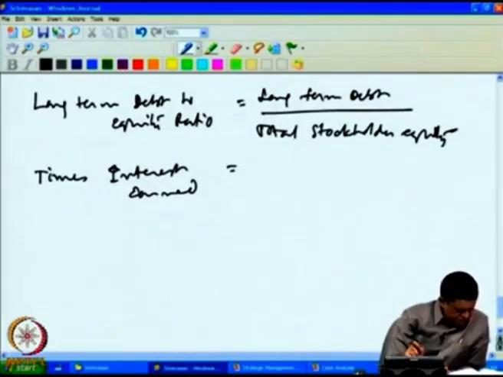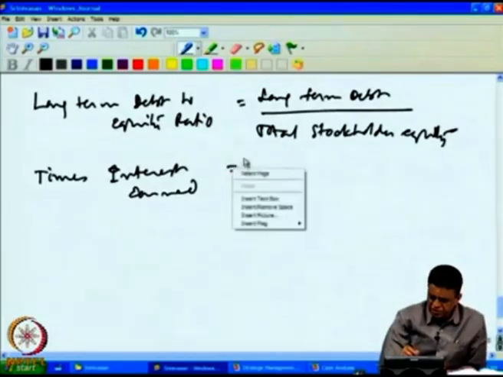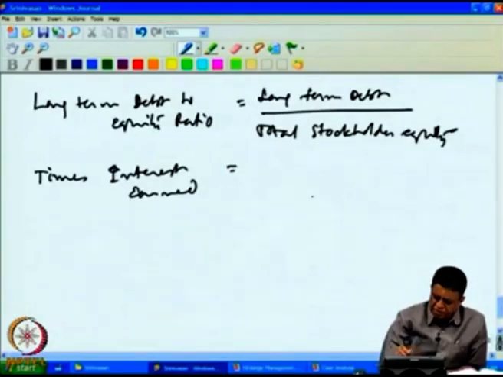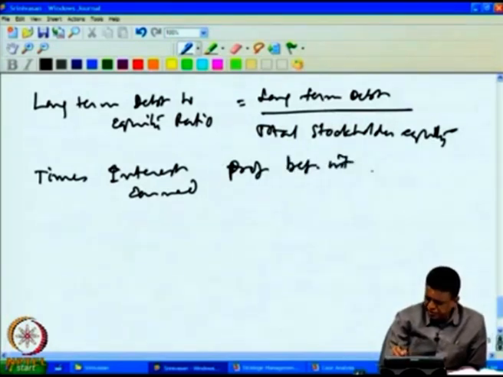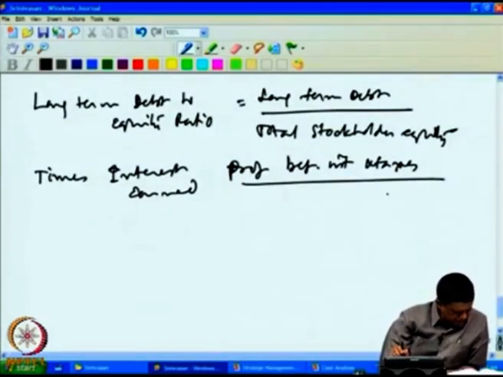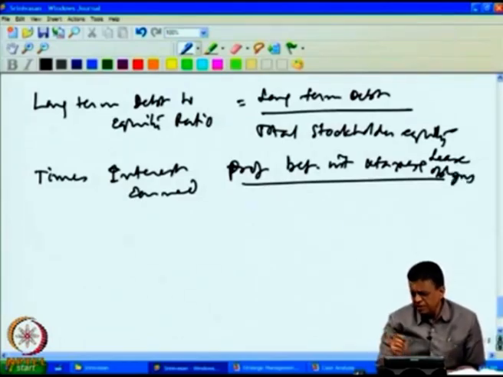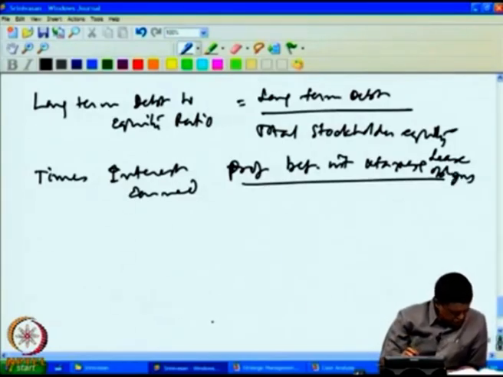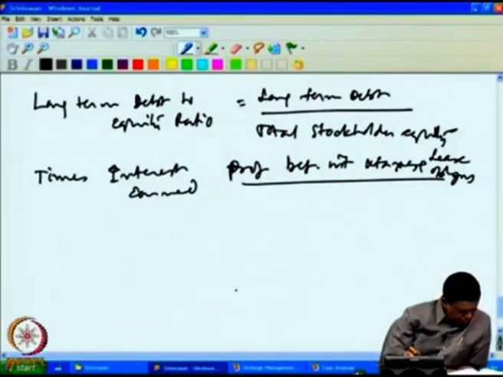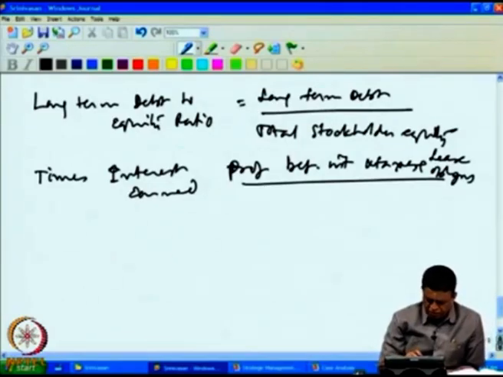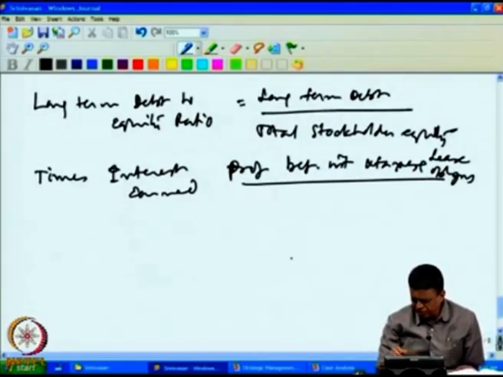Times interest earned stands for the profit before interest and taxes, plus the lease obligations if you have any, divided by the total interest charges.